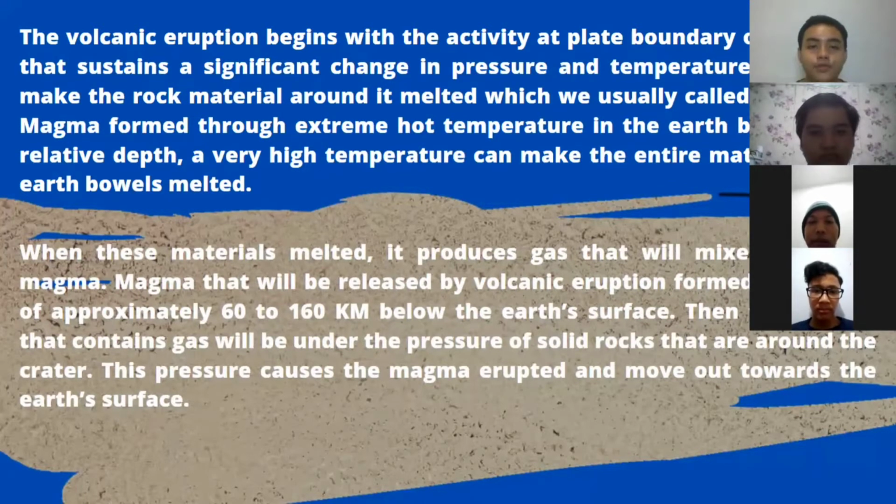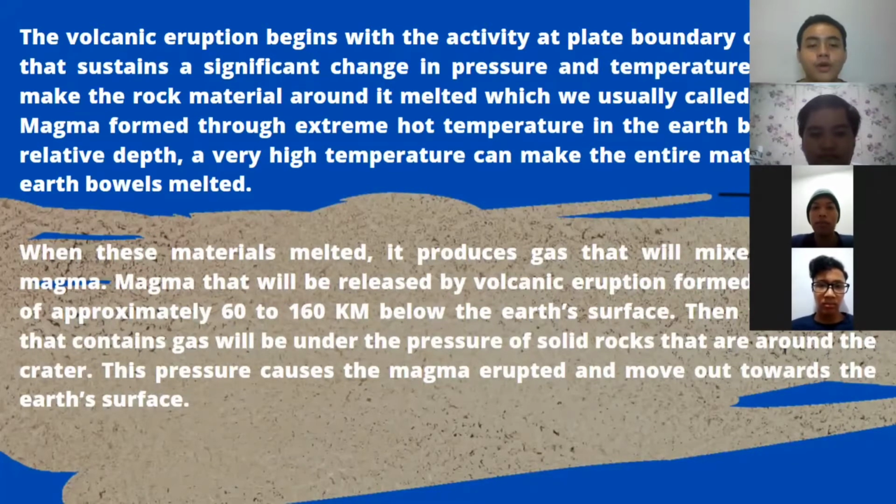Magma is formed through extremely hot temperature in the Earth's bowels. At a relative depth, a very high temperature can make the entire material in the Earth's bowels melt. When this material melts, it produces gas that will be mixed with the magma.